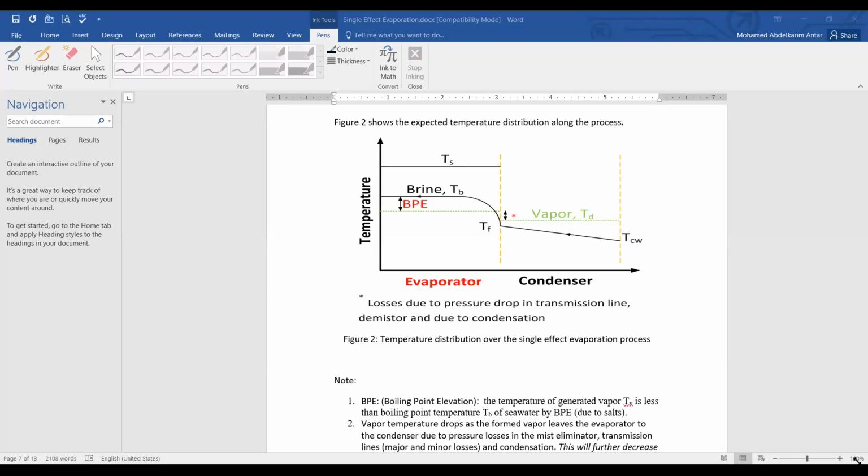Doctor, what will be the content of the midterm? We have the solar stills, we have the HDH systems, and we have the single effect evaporation that we are talking about now. By the time we reach the exam, probably we could have covered the MED as well.